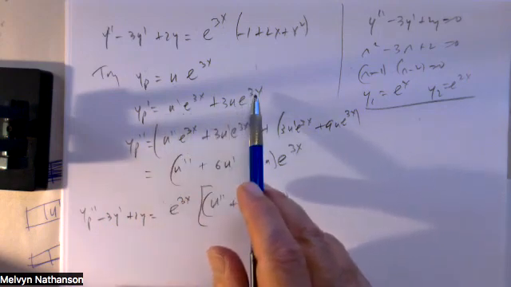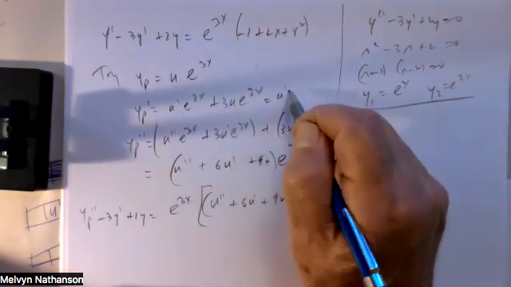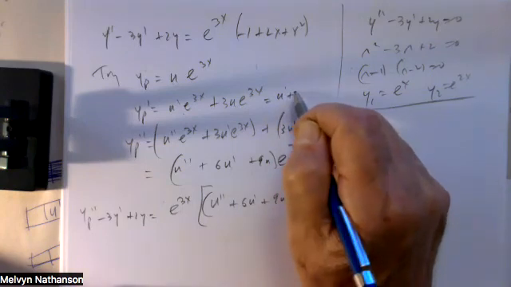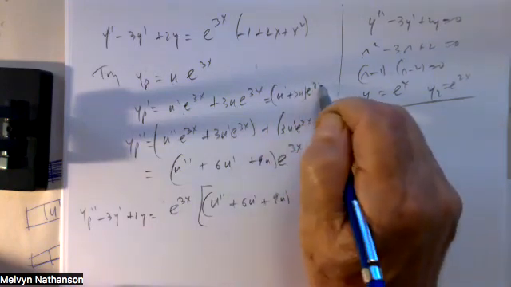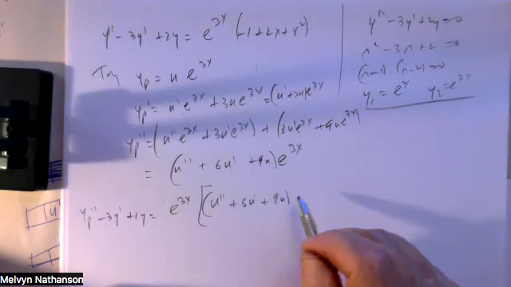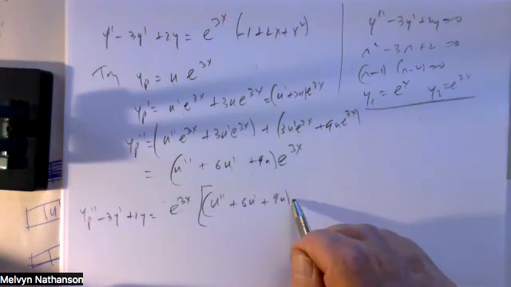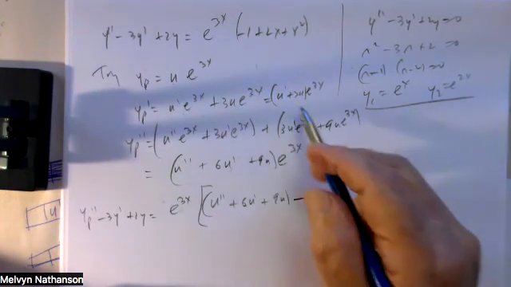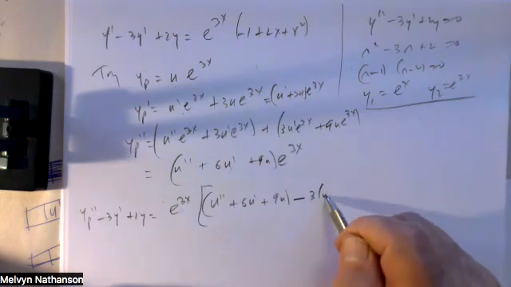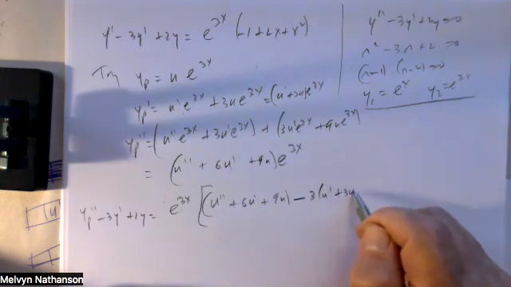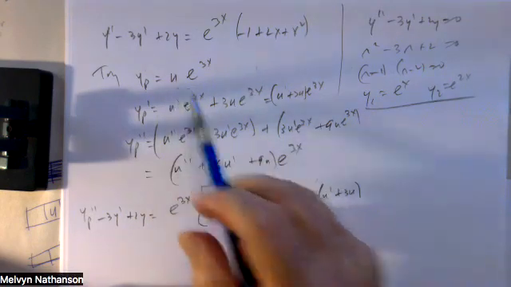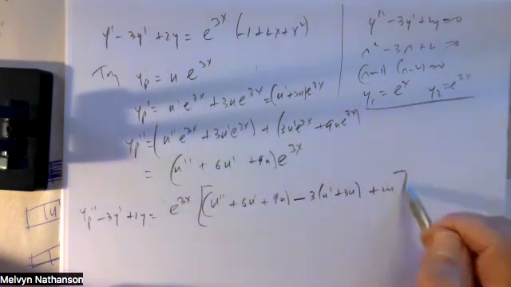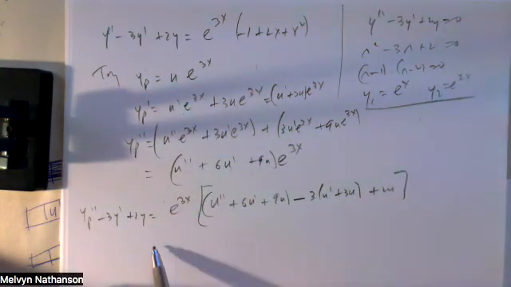If I factor out the e to the 3x, this was u prime plus 3u, so if I multiply this by minus 3, I get minus 3 times u prime plus 3u, plus 2 times yp, 2u, all times e to the 3x.